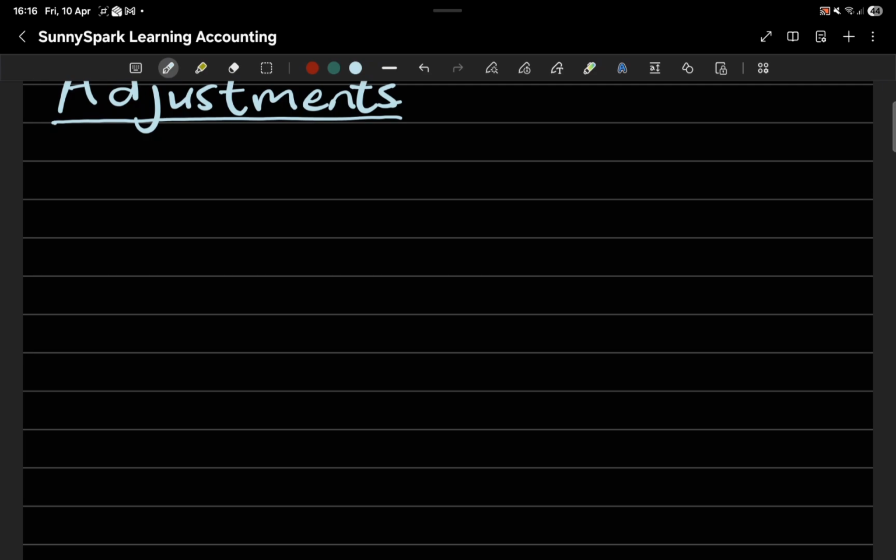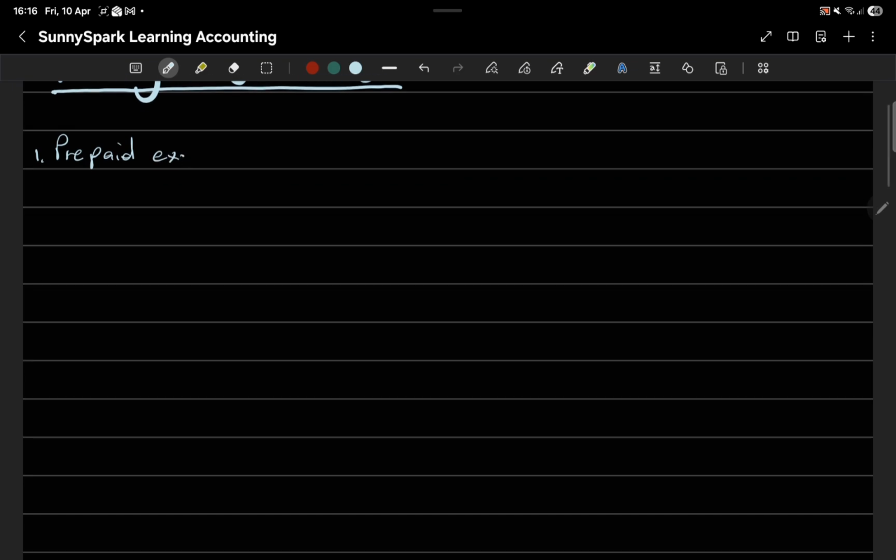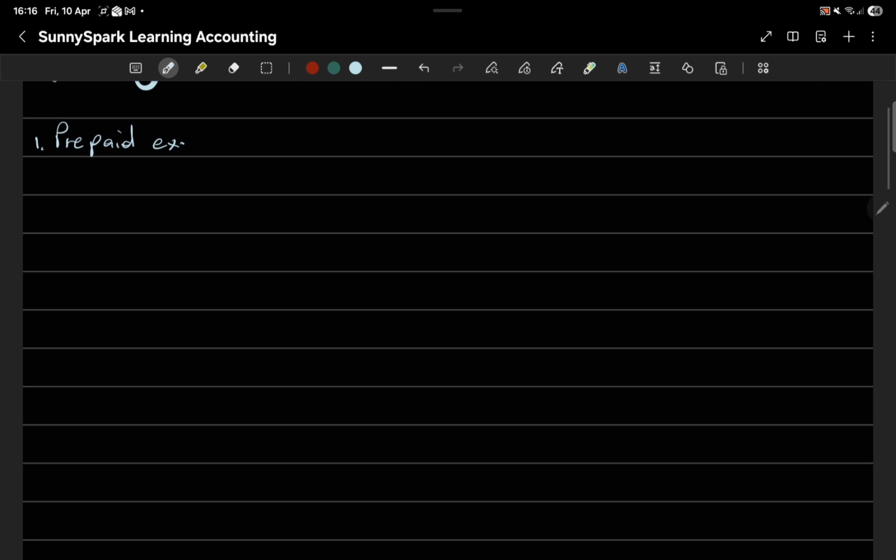Starting with the first one, which is the prepaid expense. That is when you pay for an expense more than you should have paid.